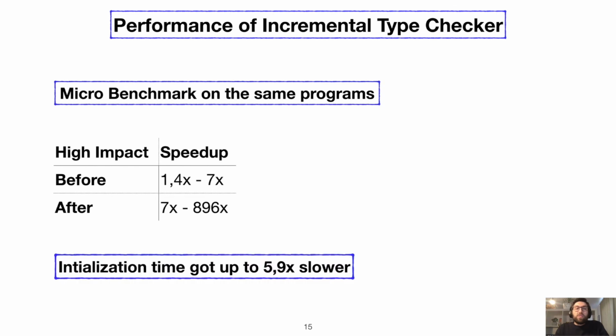But here we had to pay the price of a higher initialization time, which got roughly 6 times slower. However, this is not a hard price to pay. The initialization is only done once when we start the programming editor.